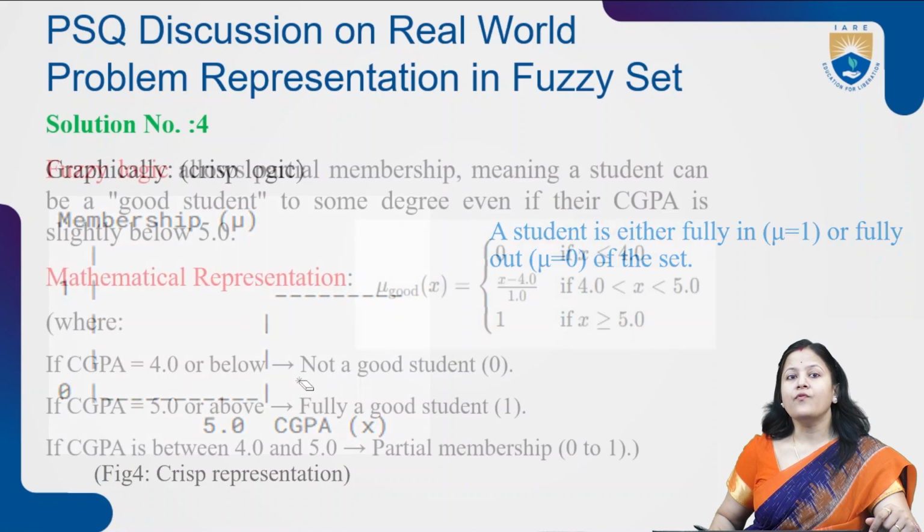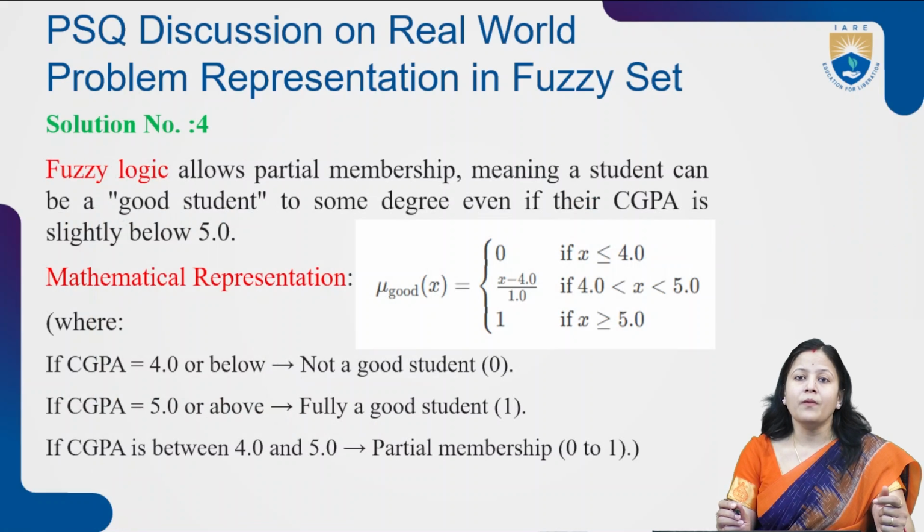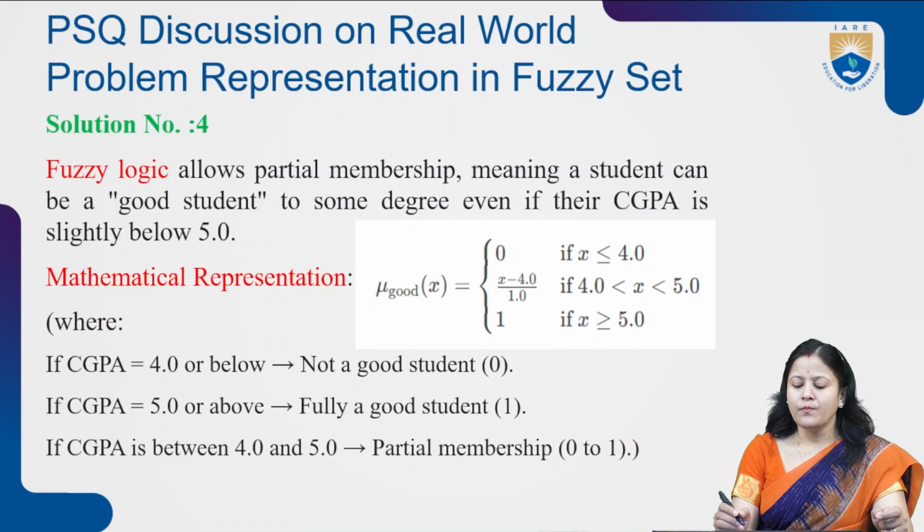Same thing if we go for fuzzy logic, which allows partial membership, meaning a student can be a good student to some degree even if their CGPA is slightly below 5.0. So mathematically, how can we represent it? Mu good of x is equal to 0 if x is less than or equal to 4. If a student is scoring 4 or less, then it is considered as 0.